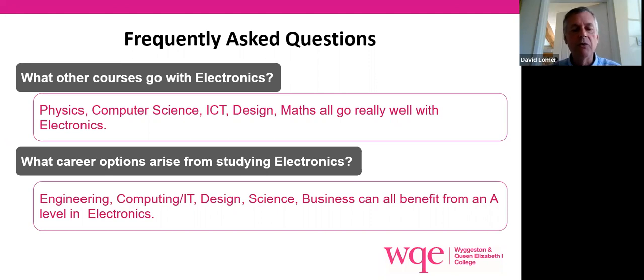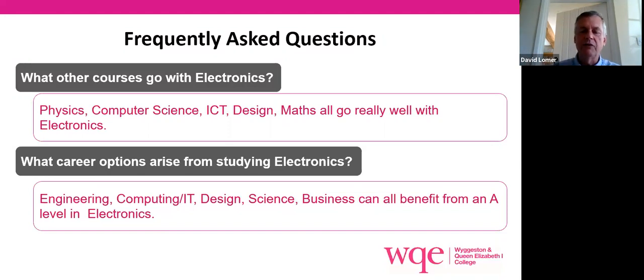Design, as I've said before, can incorporate electronics in all sorts of ways. You can think of many systems where you've got a design, but there's some element of electronics in it. We had a student a few years ago who did a design project, and he incorporated his electronics to make an electronic chest of drawers system.